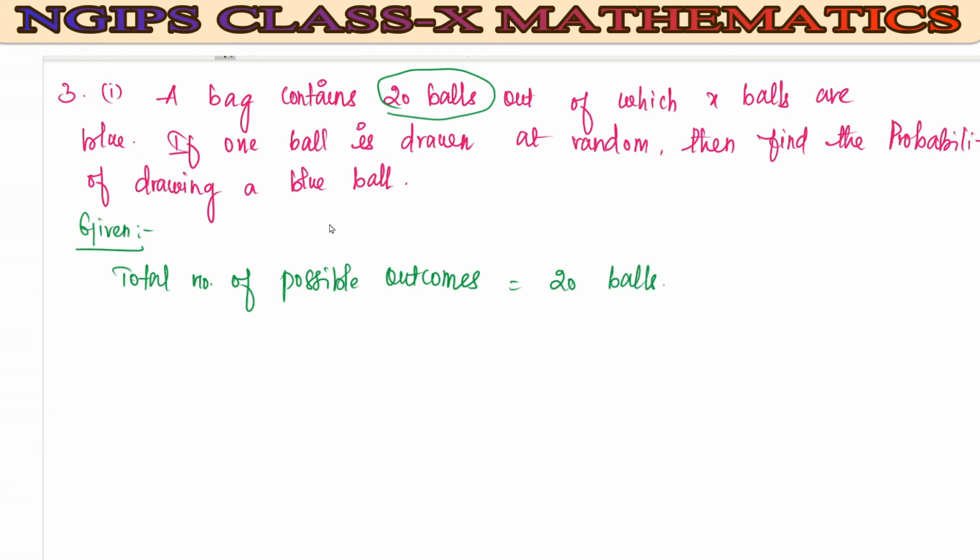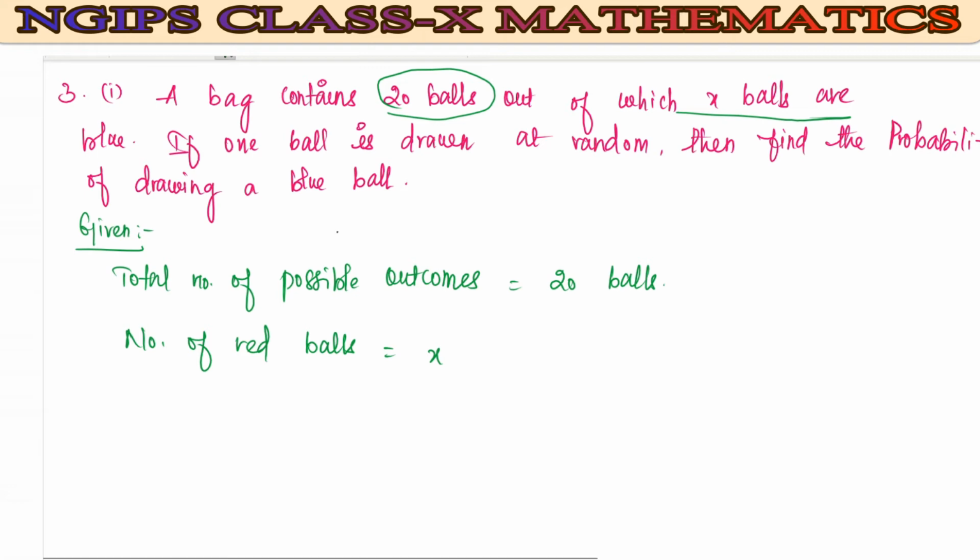So number of red balls is equal to x. And if one ball is drawn at random, then find the probability of drawing a blue ball.